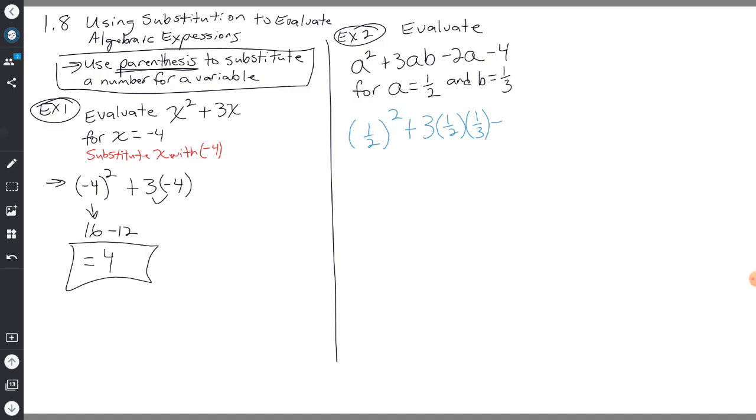And then we have 2a, so 2 times 1/2 minus 4. All right, so how should we go about solving this problem? So what does it become?